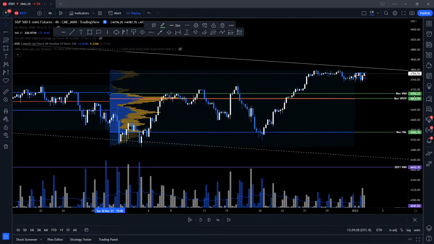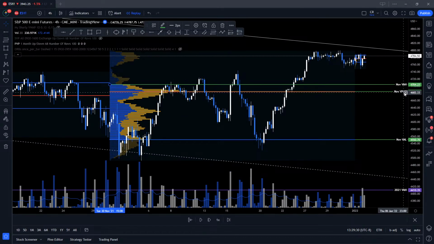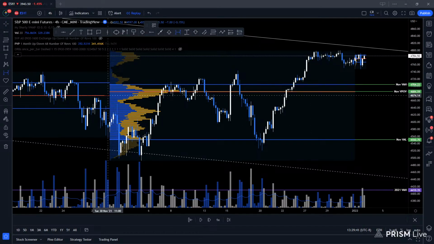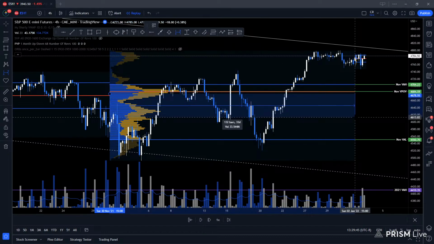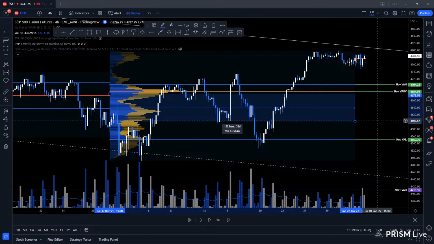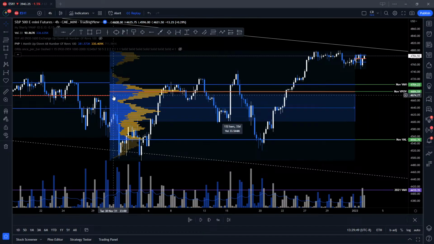The distinction between a POC and a VPOC is a point of control that's been retested after. So we're looking at this whole range here for November. While the POC is being formed in this time frame, it can be touched as many times as it wants.